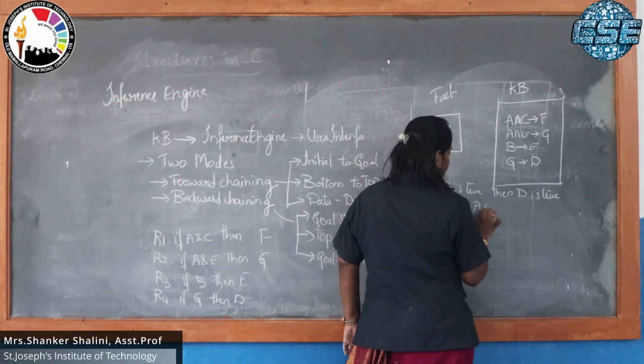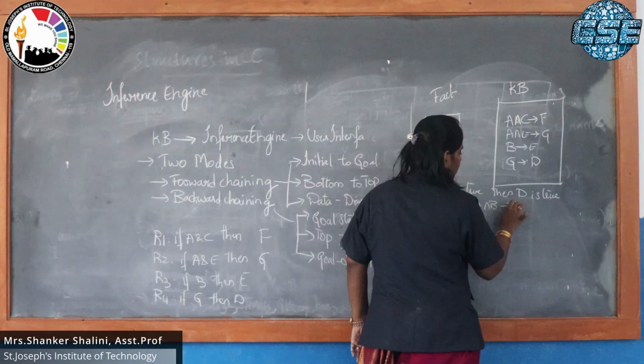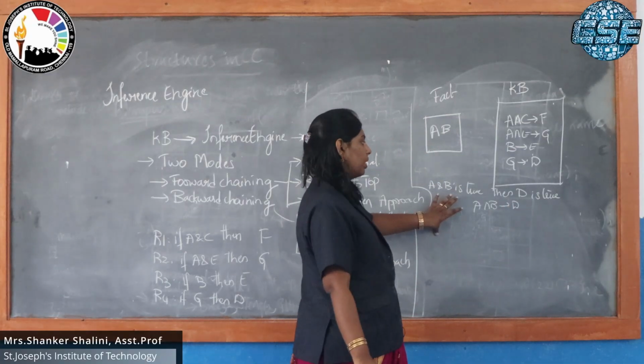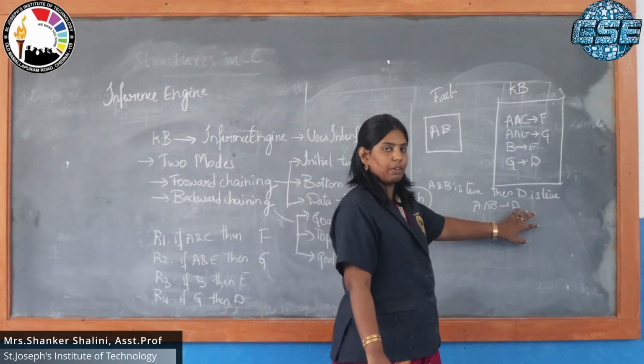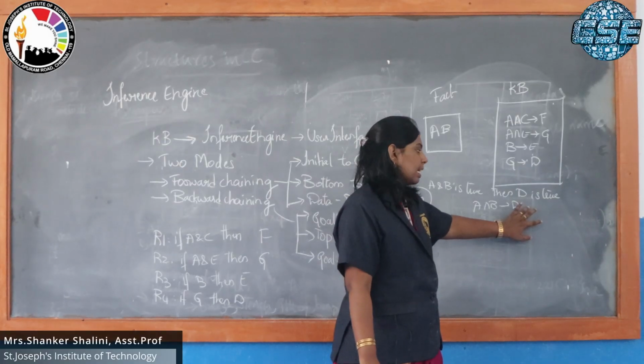That is, A and B should give D. For the final step we have to reach the goal state D.